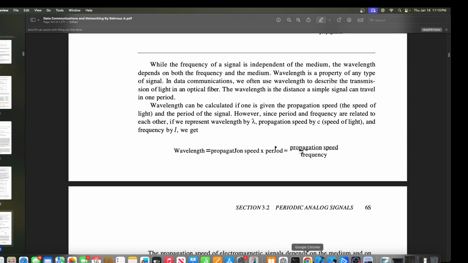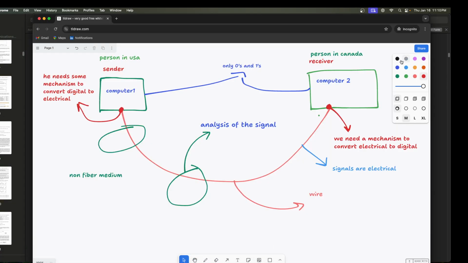Okay, this is basic and we can skip this. Now we are with this medium, right? So we know. No, this is not good. Let's erase this. So we say speed times time is distance.